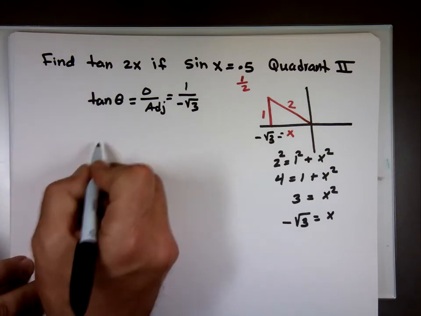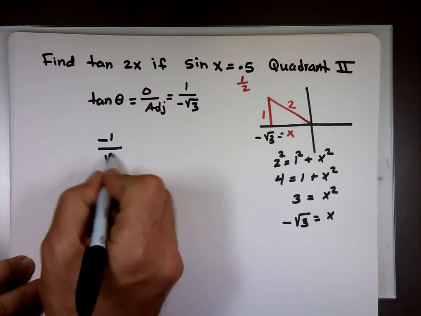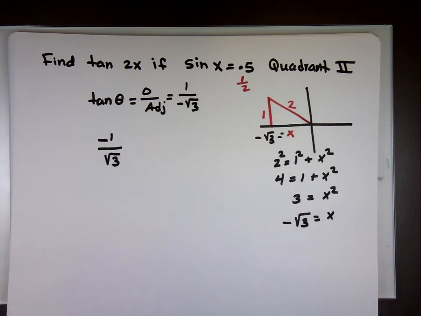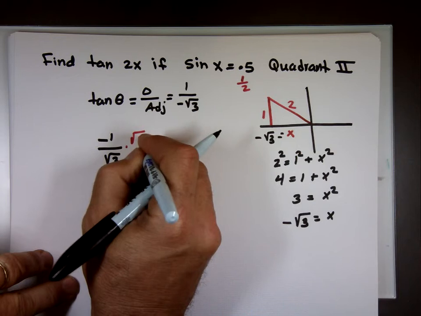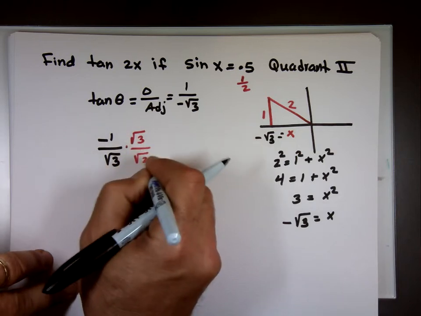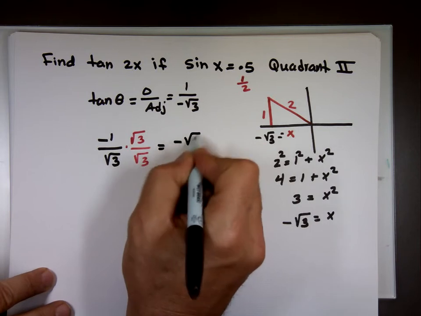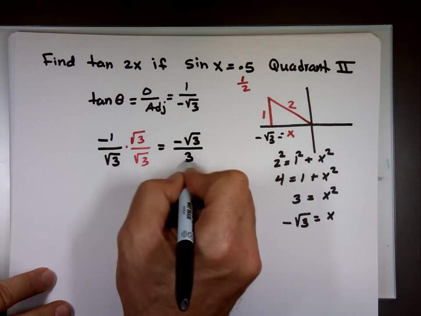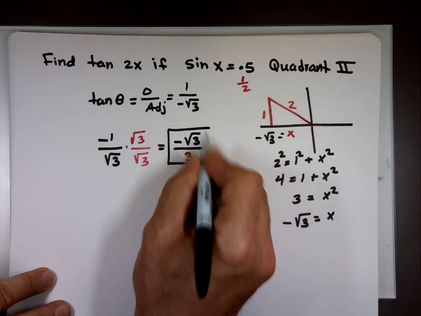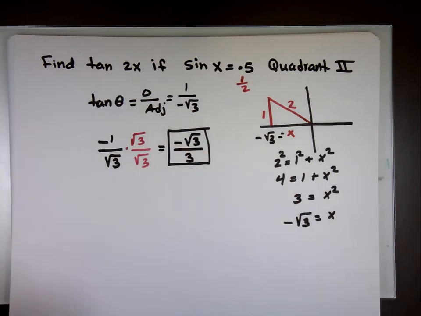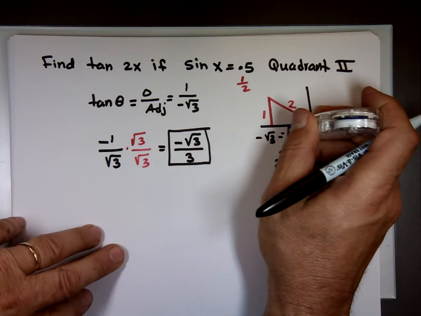So there's the minus 1 over the square root of 3. If they don't like the square root of 3 in the bottom, what do you do? That's not the answer. That's tangent theta, or tangent x. I shouldn't use x for this.